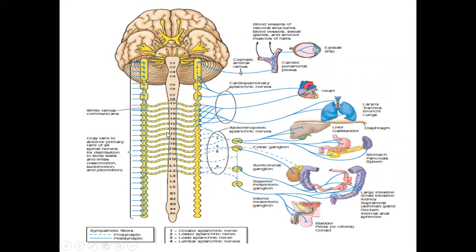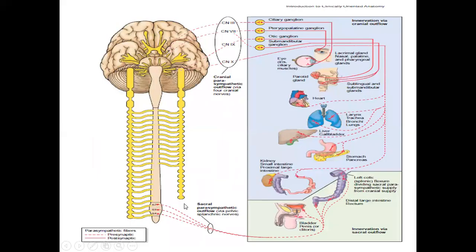Okay, so these are the sympathetic fibers. The fibers can be presynaptic and postsynaptic. Synaptic means where they connect with each other. The presynaptic nerves are shown with dotted lines, and here they relay, and the postsynaptic fibers go and supply the organs. Here also you can see presynaptic fibers.